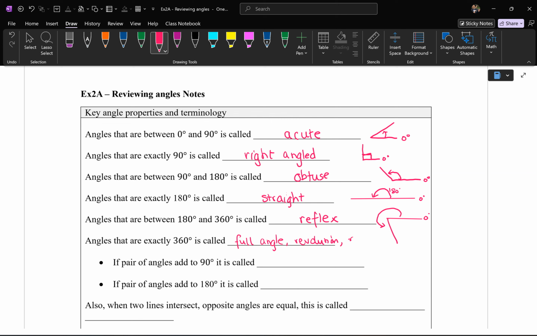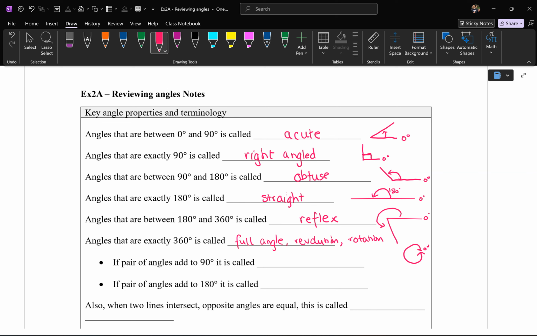Rotation. It's literally when you do a full 360 turn, so it actually looks like a circle. Starting off at 0 degrees, you went all the way around and back to the same spot. If you say that I did a 360 turn, you essentially ended up back at the same spot, whatever direction you're watching.